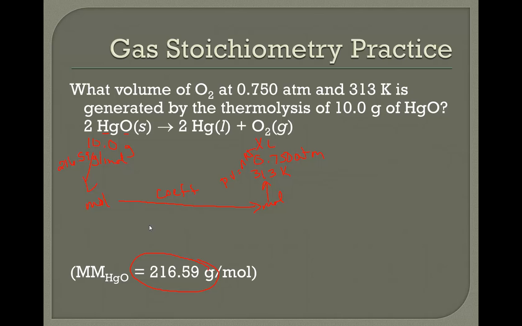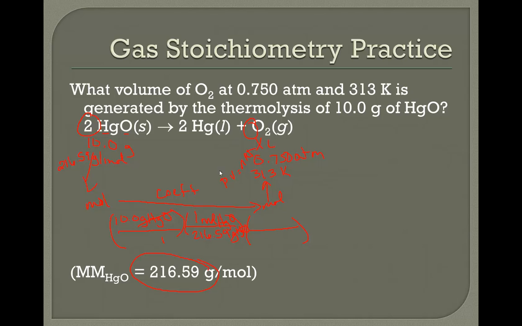10.0 grams of HgO over 1. We have grams of mercury oxide on the top, so we're going to put grams on the bottom. Grams cancel. Now we have it in moles, so we're going to use the coefficients. We're right here in our plan.